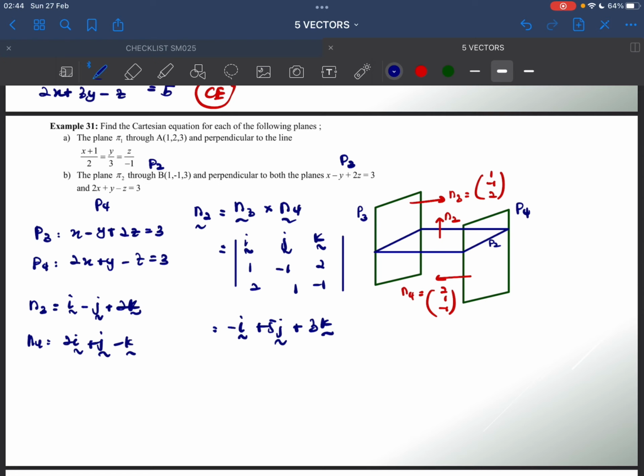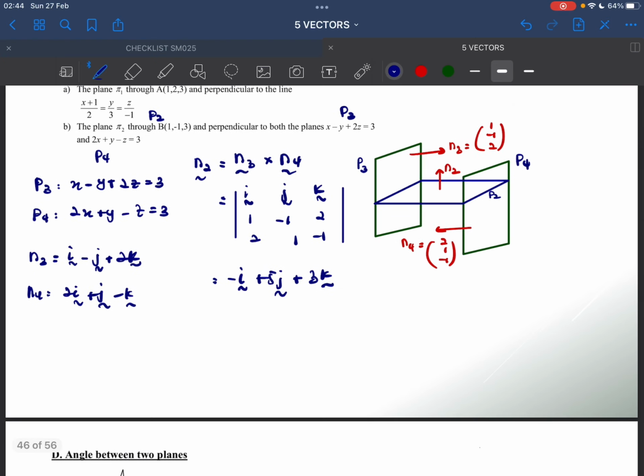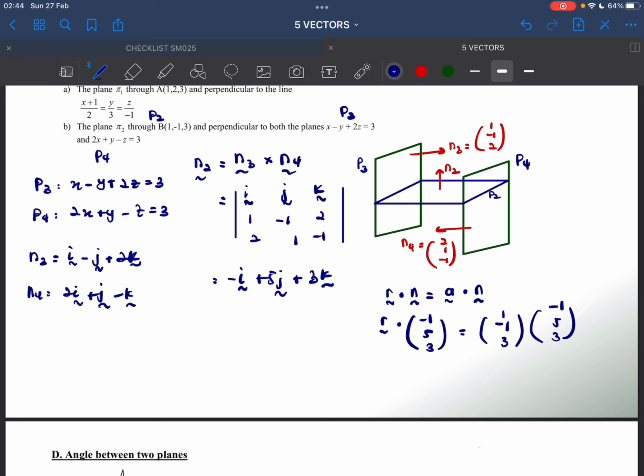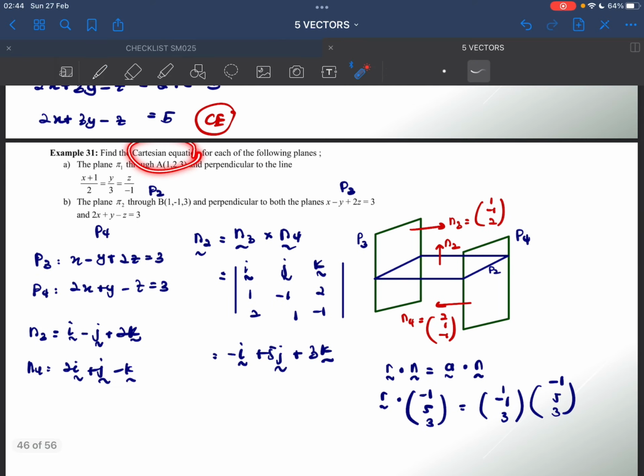Okay, so now we have the normal for plane 2. So we just substitute into the equation of a plane, r dot n equals a dot n. So we have r here, the normal is -1, 5, 3. The point is 1, -1, 3 given in the question. And remember, the question asked to find the Cartesian equation.